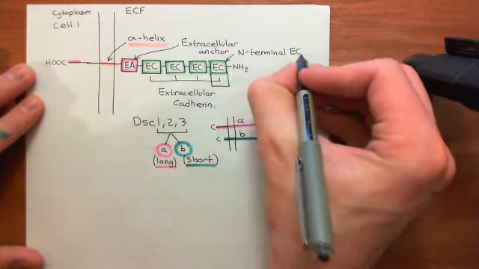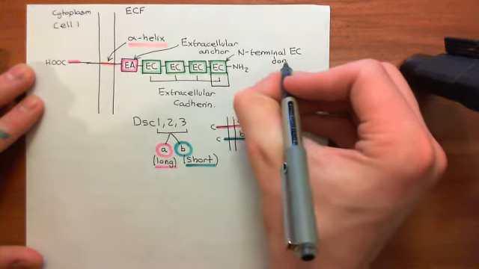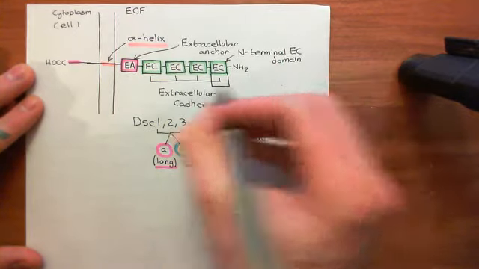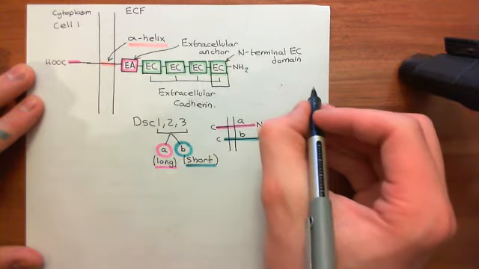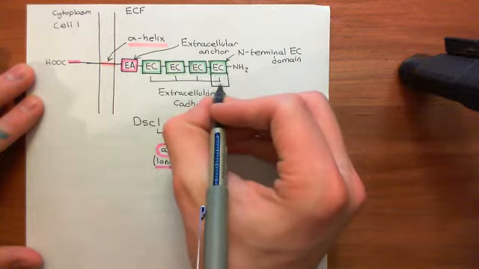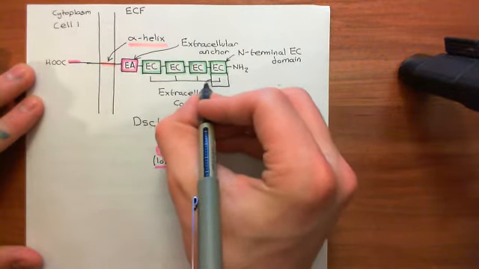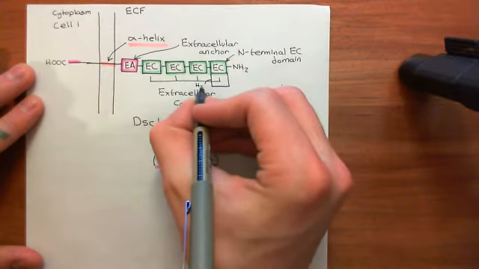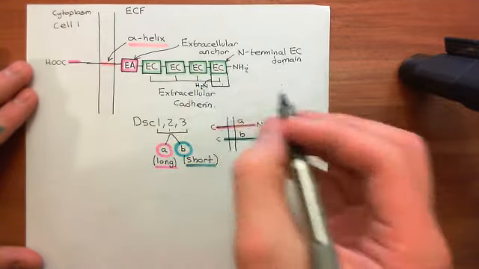This is the one that's going to be involved in binding to the other desmosomal cadherin on the other cell. Again, it's going to bind to the N-terminal extracellular cadherin domain on the other desmosomal cadherin on the other cell.